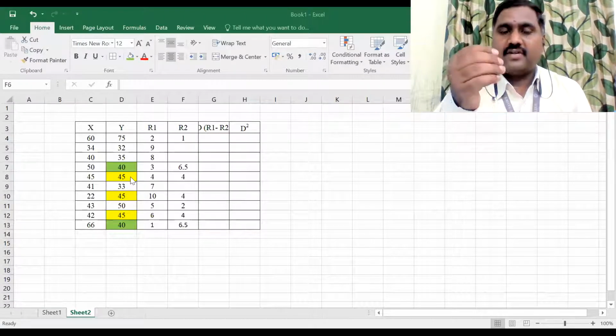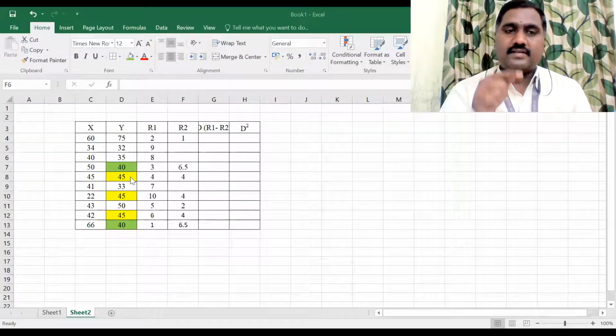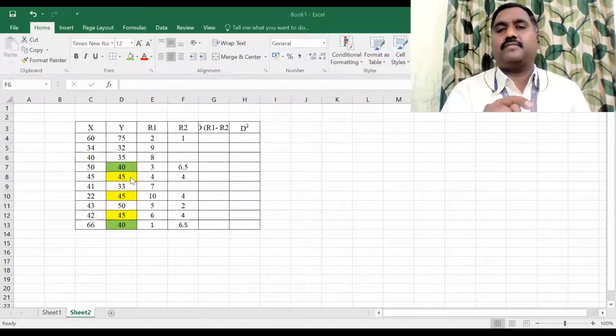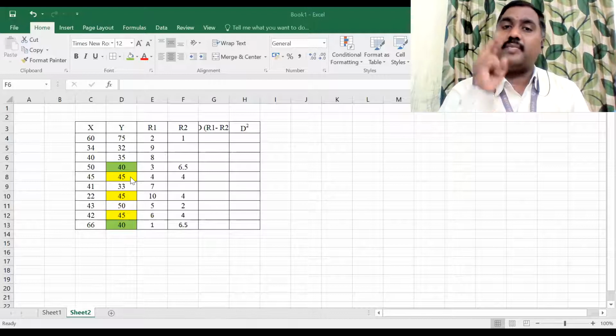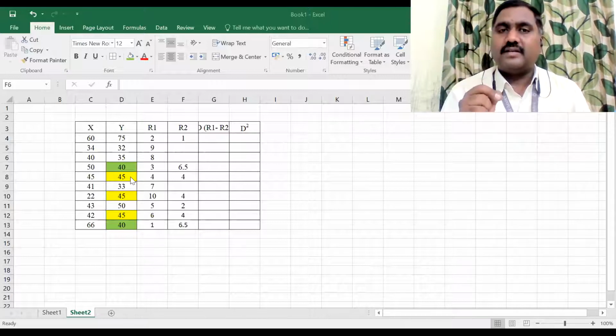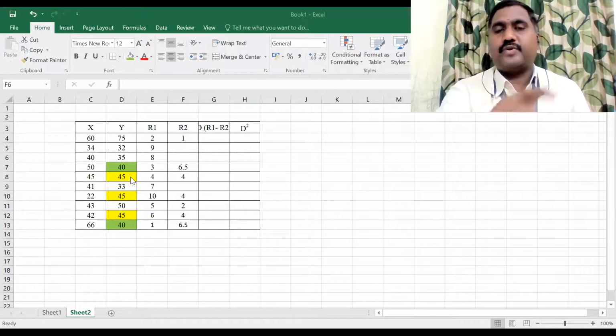Next after the fifth rank is the sixth rank. The sixth rank is 40, and the seventh rank is also 40. So the number 40 is repeated 2 times, and we take the sixth and seventh positions: 6 plus 7, 13, divided by 2, 6.5.